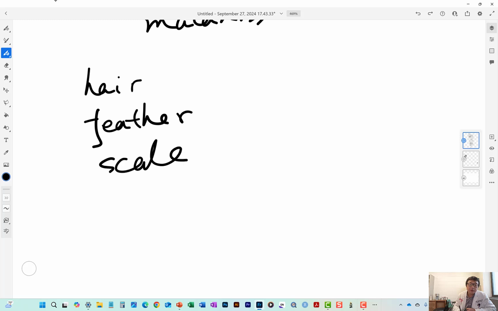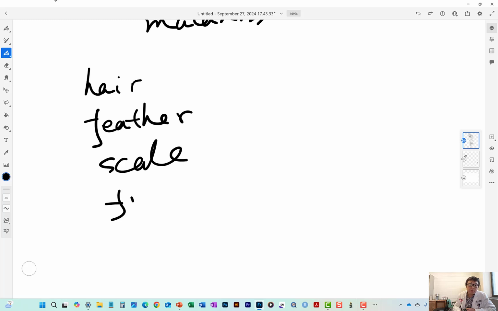After hair, let me see. Oh yes, in mammals, hair. In birds, it's feather. And in reptiles, it's scale. Reptile scale, not fish scale.